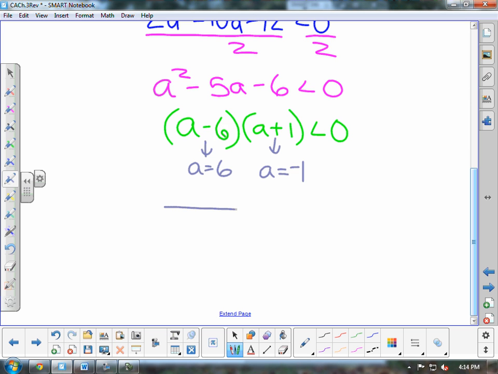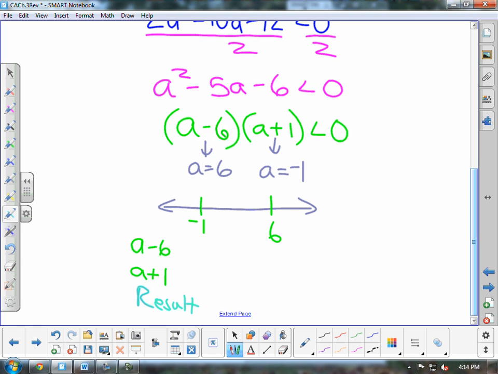Then you would make your number line, put your values on it, negative 1 here, positive 6 there, and your factors a minus 6 and a plus 1, and then the result, and choose values. So you would start with, say, a negative 2, 0, and 7. So at a negative 2, this is going to be negative, this is going to be negative, which turns your result into a positive.